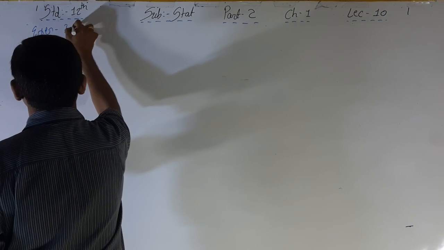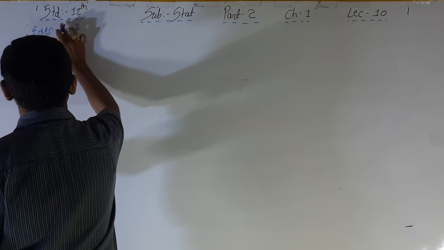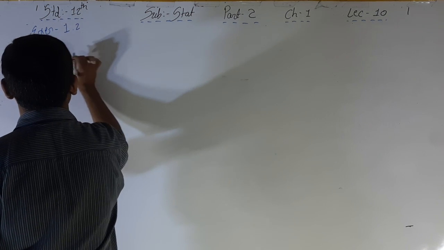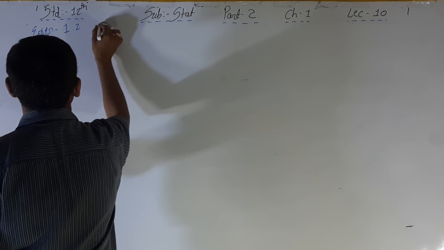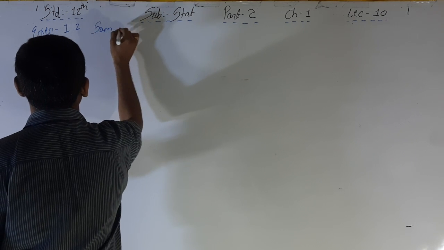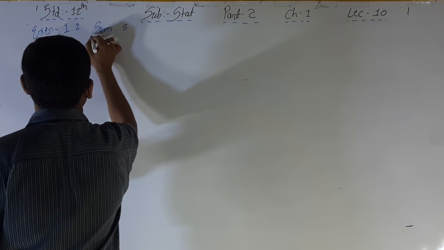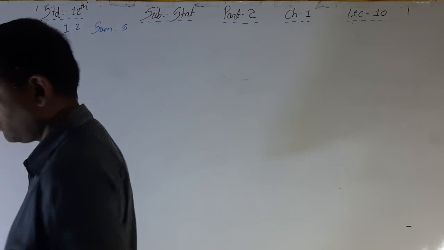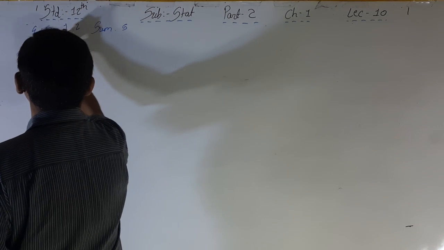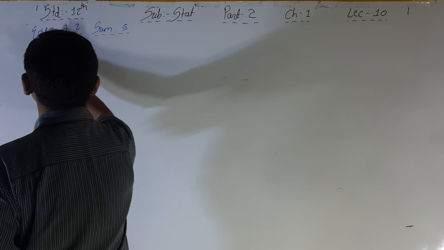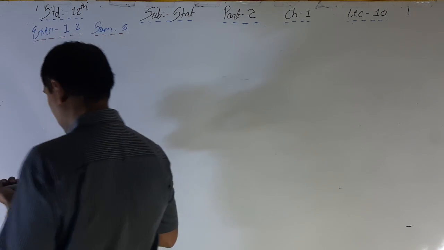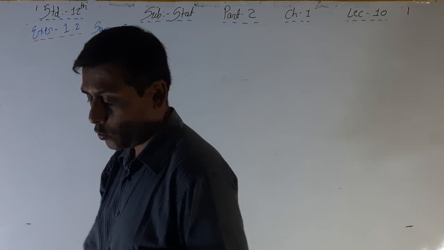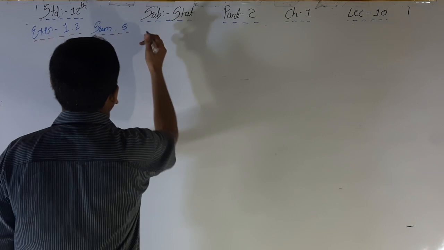Exercise 1.2, sum number 5. What is your total number of outcomes first?